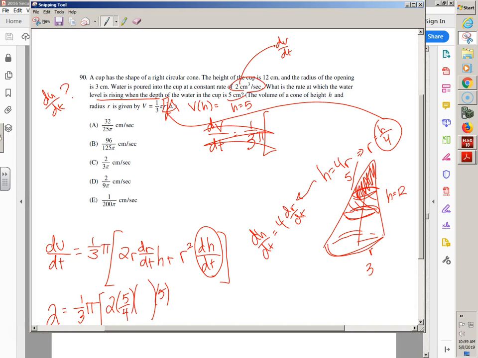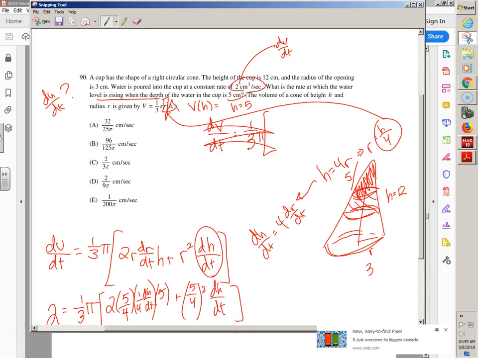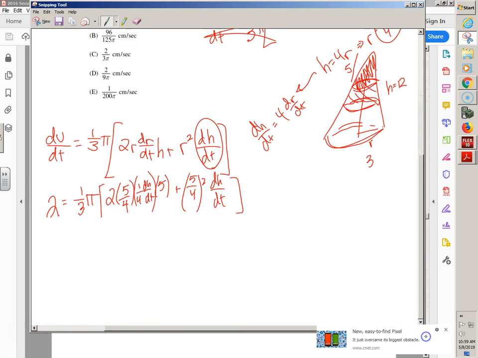dr/dt, you'd have to come over here and say, okay, if that's the relationship, then dr/dt is 1/4 dh/dt. So we can throw in 5/4 squared. So you're going to have to combine my terms. This shouldn't be totally impossible.